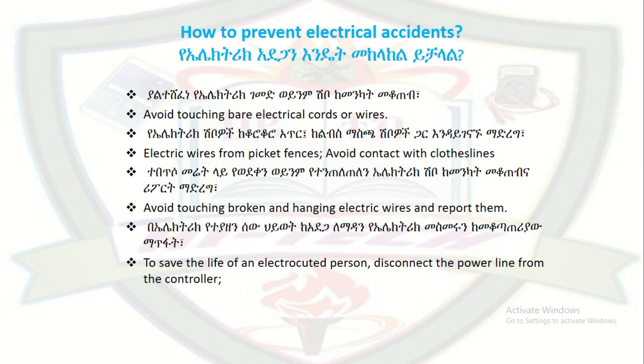Okay, how to prevent electrical accidents? This is important. Take note of it here and follow it. It will be useful. The first one: avoid touching bare electrical cords and wires.